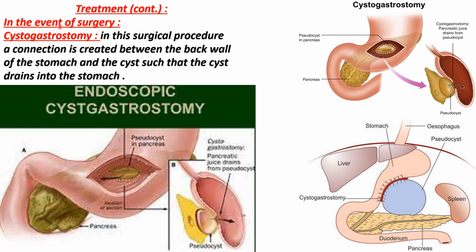In the event of surgery: cystogastrostomy. In this surgical procedure, a connection is created between the back wall of the stomach and the cyst, such that the cyst drains into the stomach.